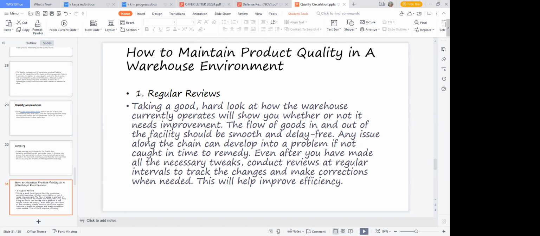Because sometimes some product has a due date, especially the food. Normally the food we cannot keep longer. We cannot keep a longer period of time for the food. That's why we have to make inspection.